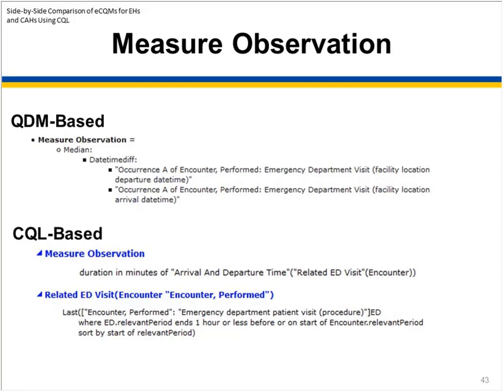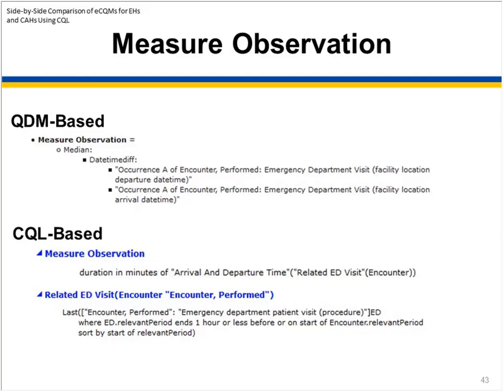And this related ED visit function, we're saying for a given encounter, give me the most recent encounter performed in the emergency department patient visit value set, where the relevant period ends 1 hour or less before or on the start.